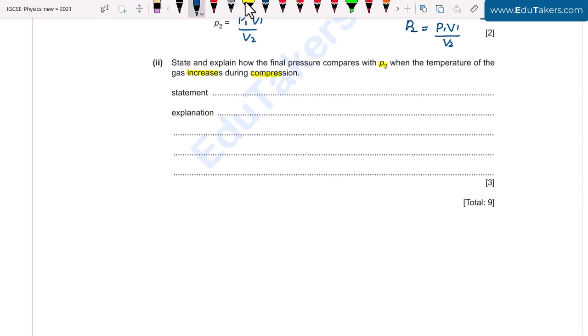And we know that when temperature increases, kinetic energy also increases and kinetic energy is equal to half mv square, due to which the speed also increases. By increasing the speed, the gas molecules collide with each other very fast and their collisions will be very frequent, due to which pressure increases.